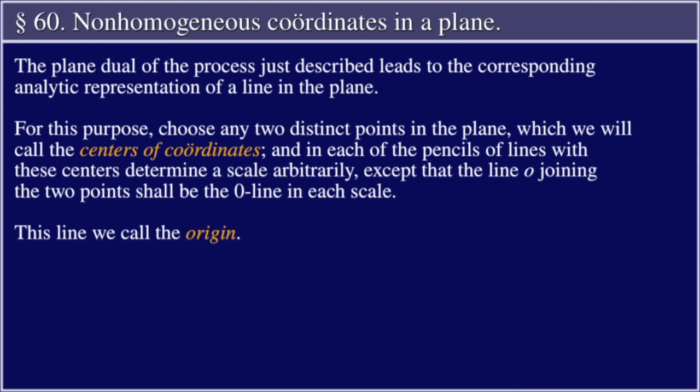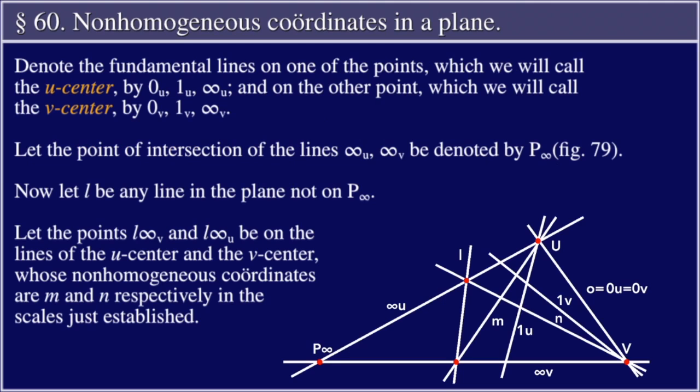This line we call the origin. Denote the fundamental lines on one of the points, which we will call the U center, by 0u, 1u, infinity u, and on the other point, which we will call the V center, by 0v, 1v, infinity v. Let the point of intersection of the lines infinity u, infinity v be denoted by P infinity, Figure 79.